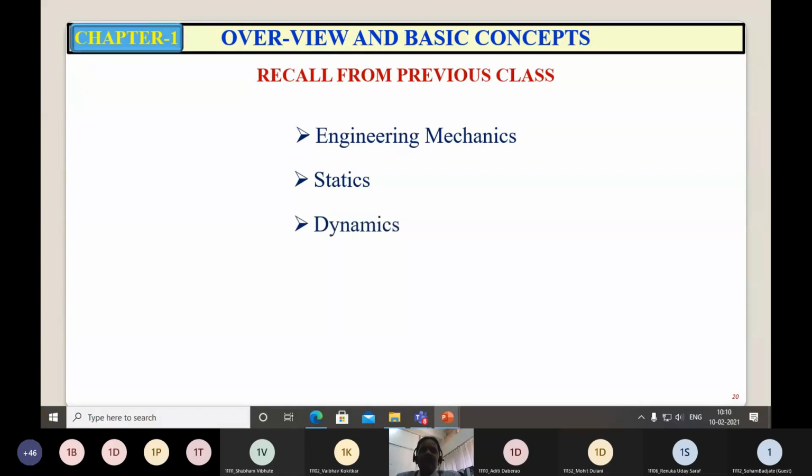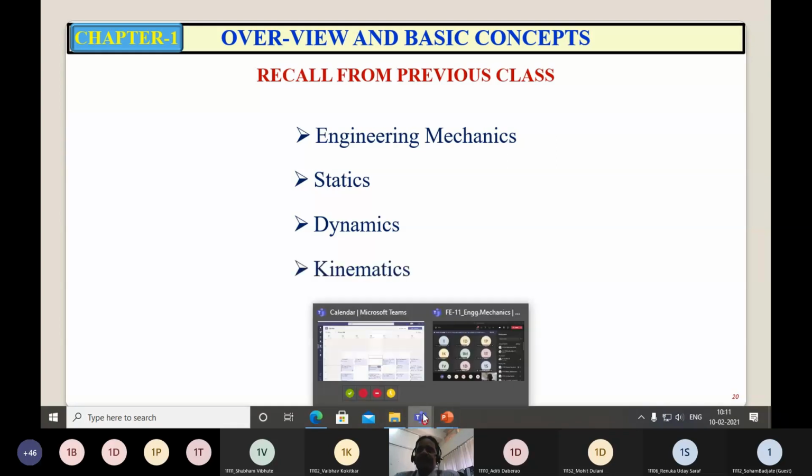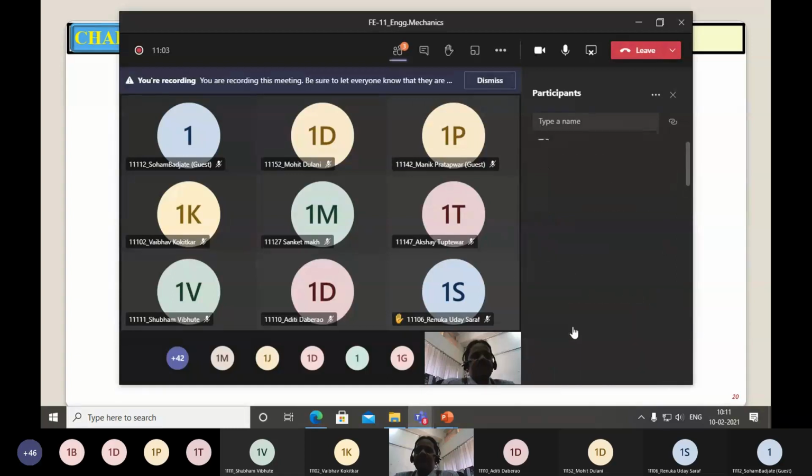Similarly, what is dynamics? It is the branch of engineering mechanics which deals with the study of behavior of rigid bodies when they are in motion. So dynamics is further divided into two parts, kinematics and kinetics, right? So what is kinematics?